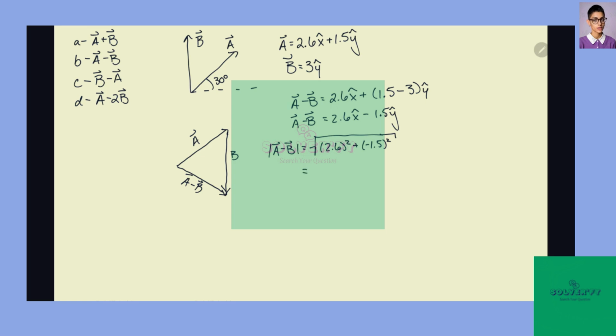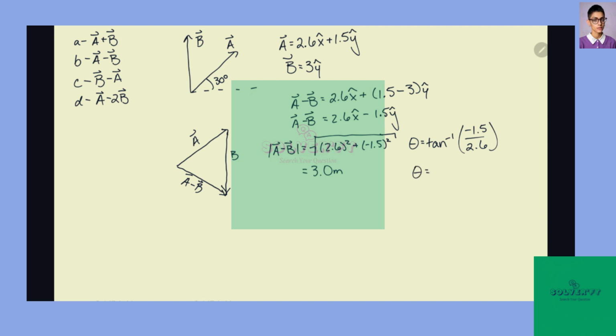And plugging that in, we get a value of about 3.0 meters. To find the angle, we go through the same procedure: inverse tangent of the y component over the x component. So that's negative 1.5 divided by 2.6.